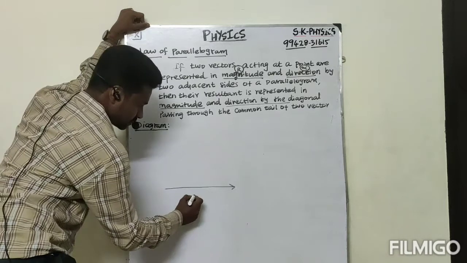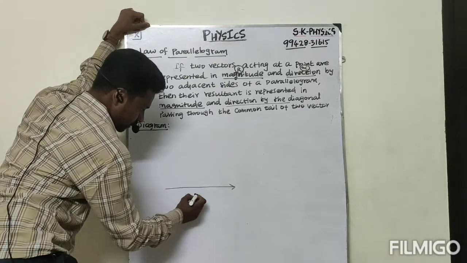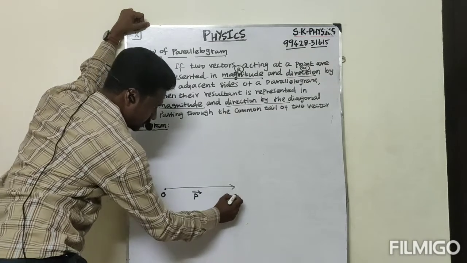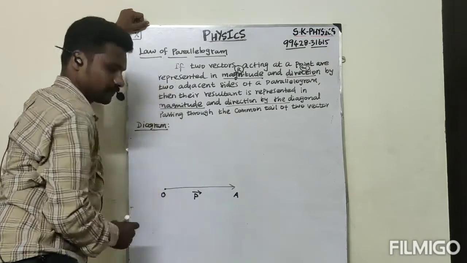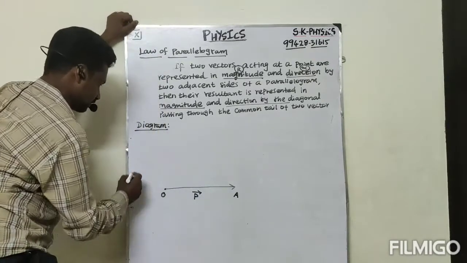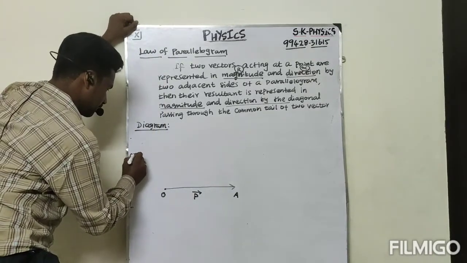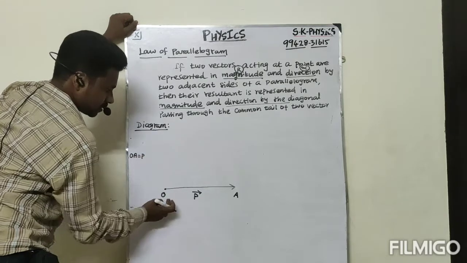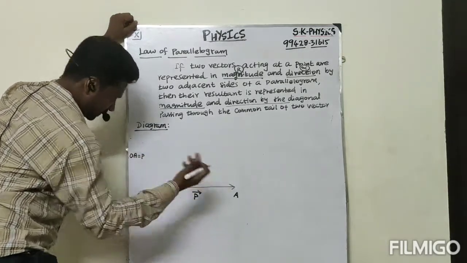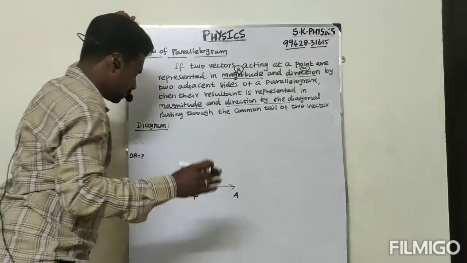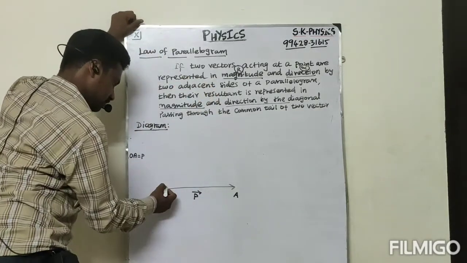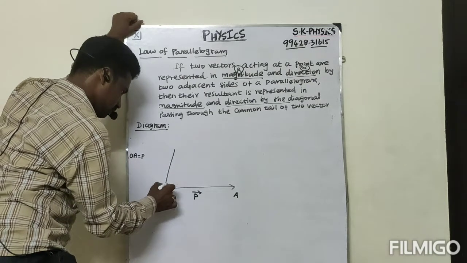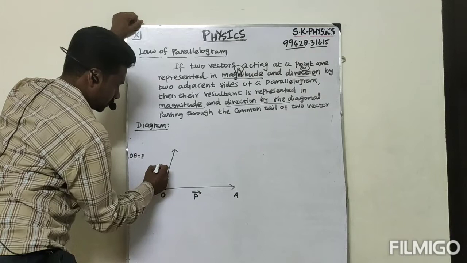So this is the P vector, watching O. This is the point A. So now I can write OA equal to P, or OP vector equal to P vector. Next, one more vector, that is Q. This is the Q vector.